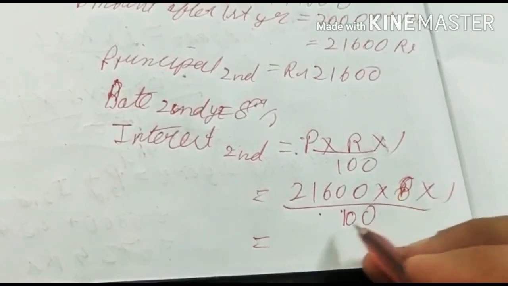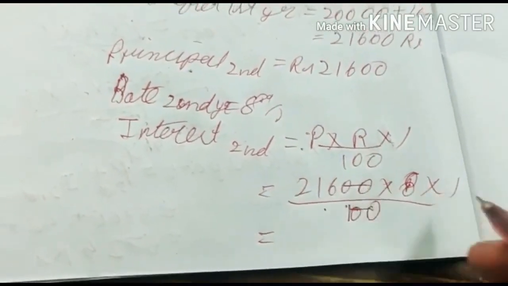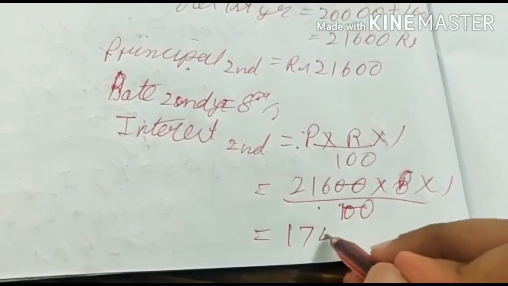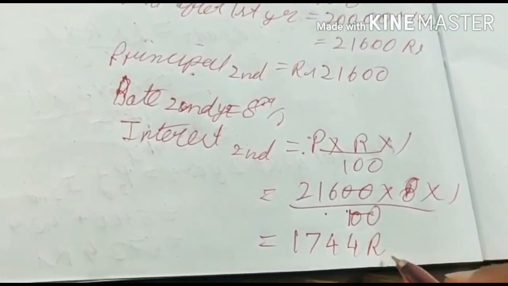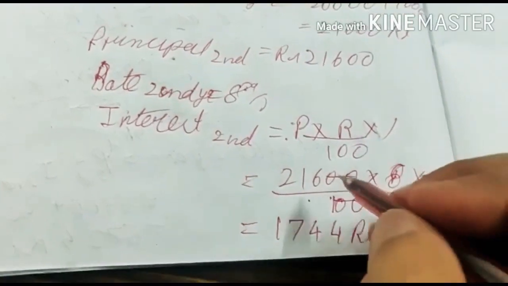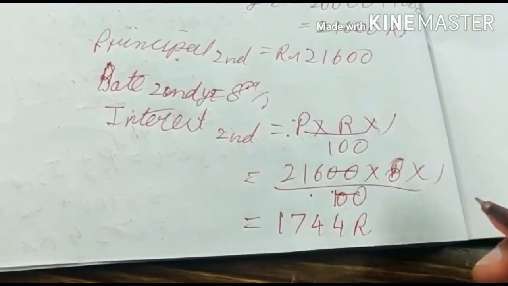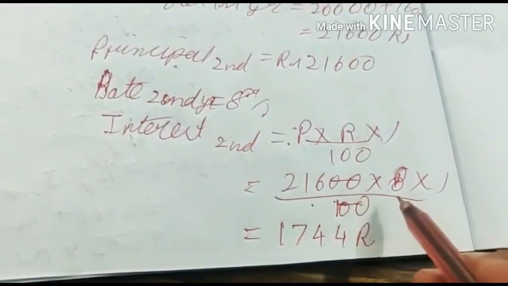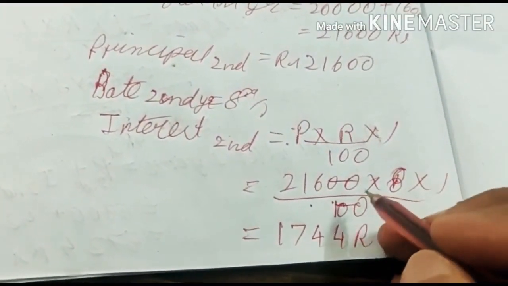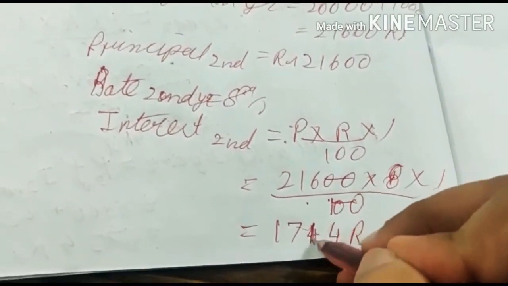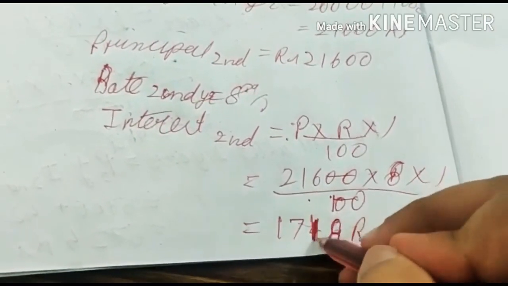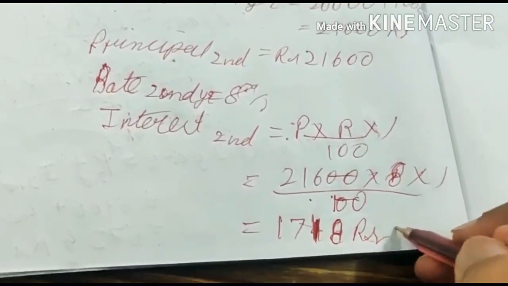It comes out to be 216 into 8. It will be 1744. Sorry, 1700 and 18. Okay, 1718 rupees. It is the interest for the second year.